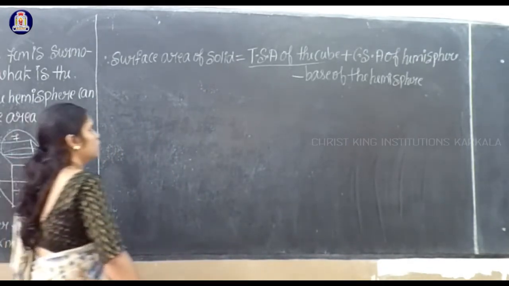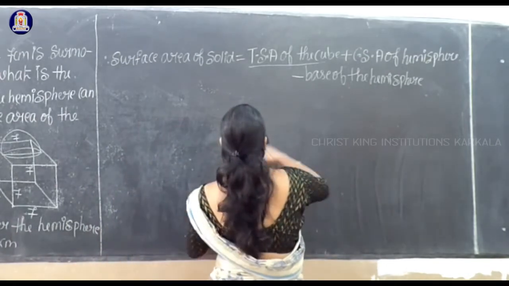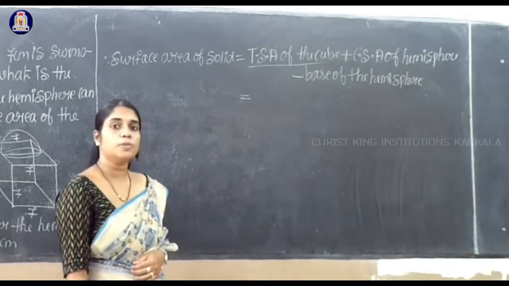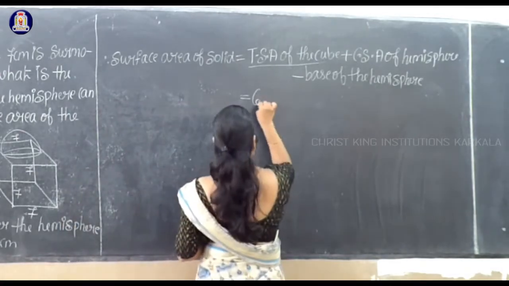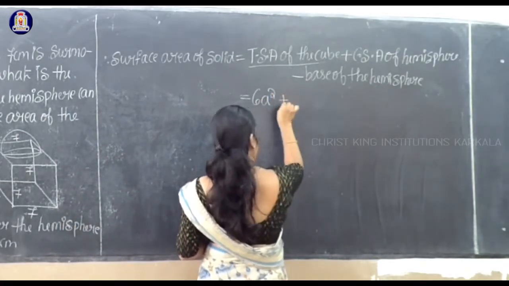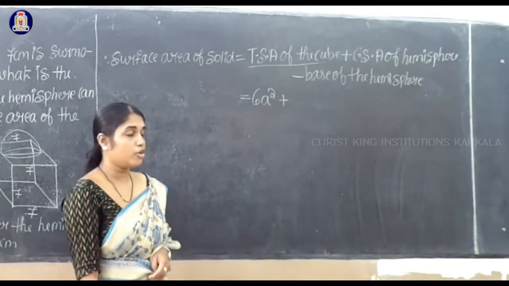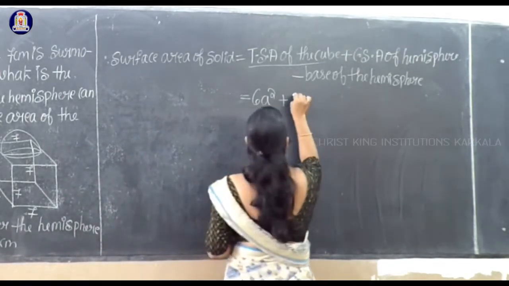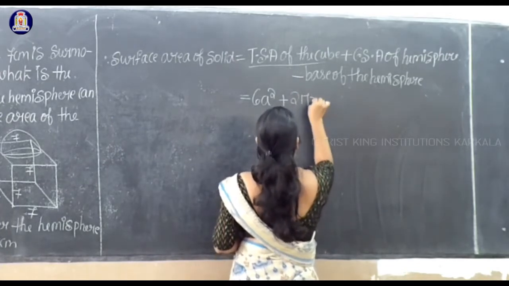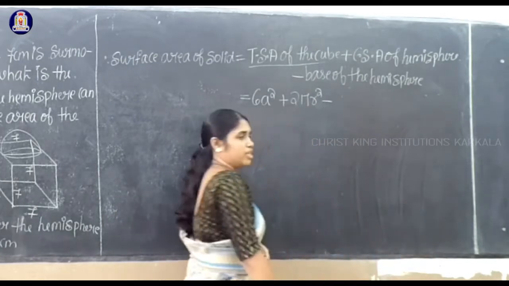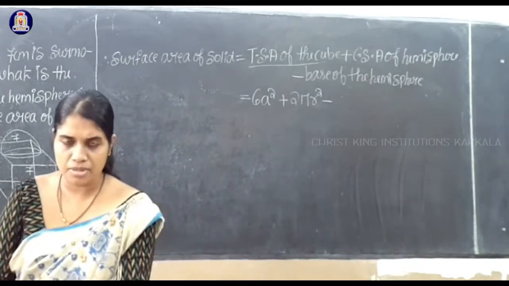Now substitute the values. What is the formula for the TSA of the cube? TSA of the cube is given by 6a square plus CSA of the hemisphere. CSA of the hemisphere is 2 pi r square minus the base of the hemisphere. What is the shape of the base of the hemisphere?